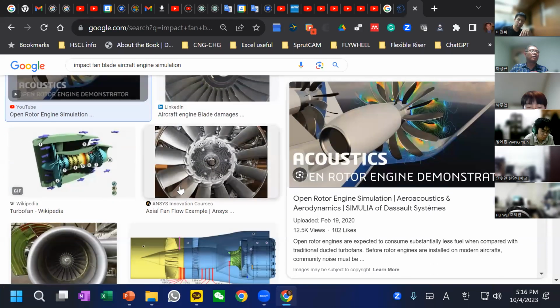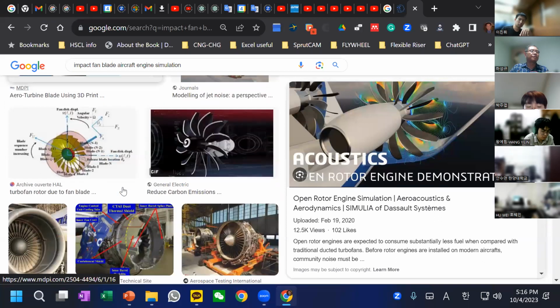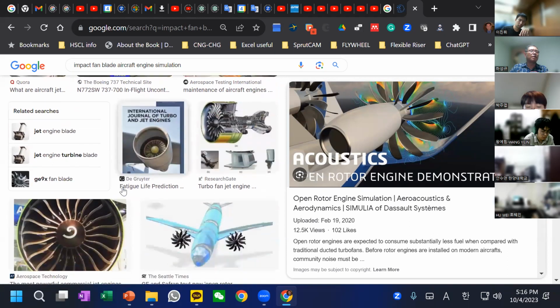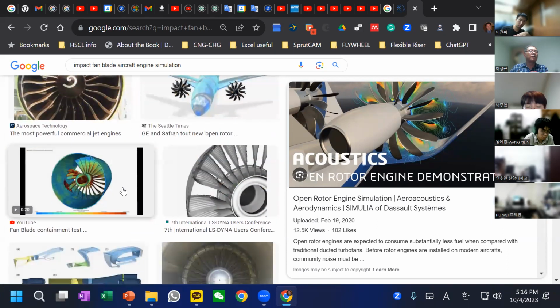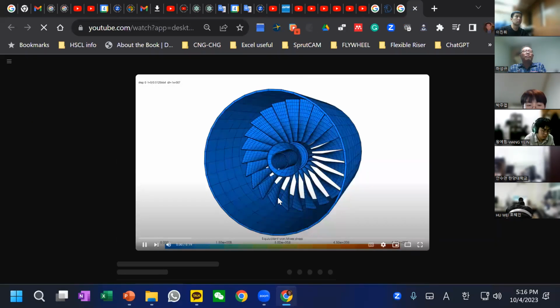Simulation is possible, with very fast explicit simulations like that: the impactor, then damage and breakdown, and then the whole blade will be unbalanced and vibrating, and then how the structure can be safe, and so on.